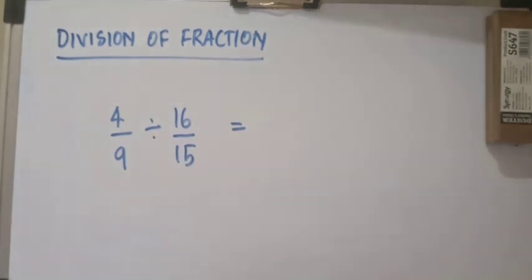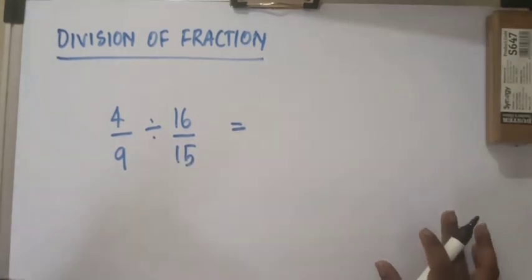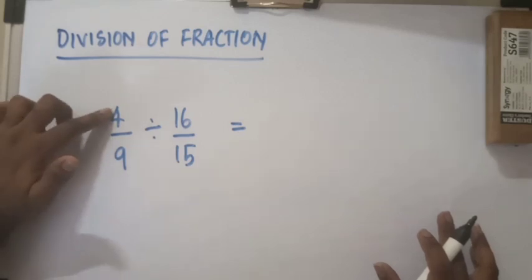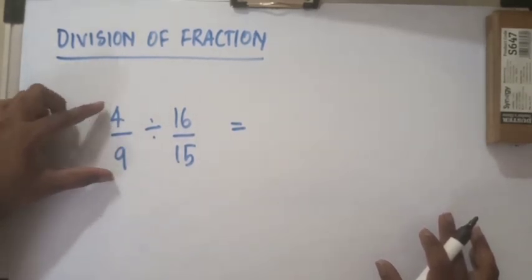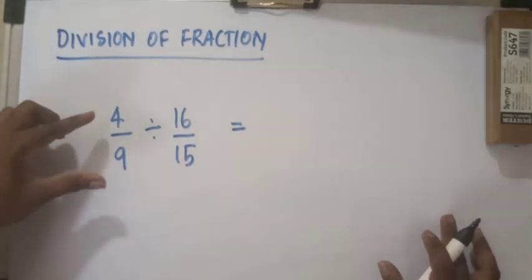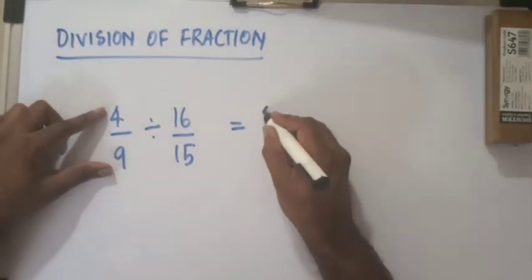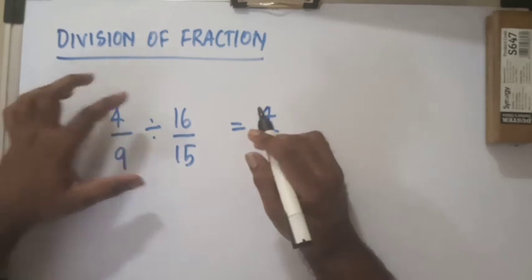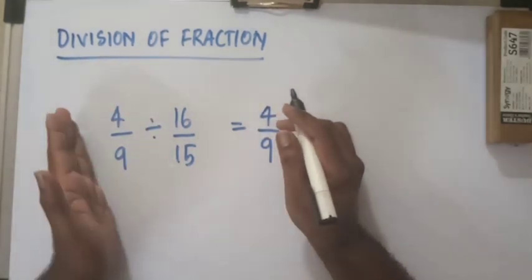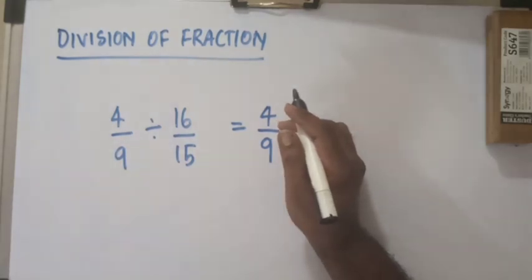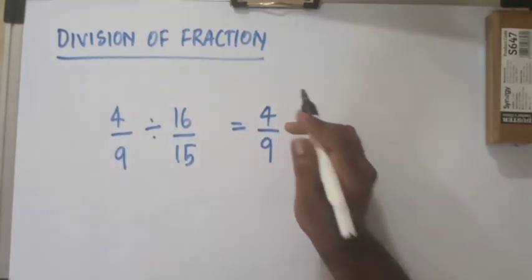When dividing a fraction, first you look whether you can cancel out the numerator and denominator, whether you can simplify the fraction first. Can I simplify 4 and 9? No, I'm not going to simplify it. Can I simplify 16 and 15? No, I cannot simplify it. So when both the fractions cannot be simplified, you move on to the next step.